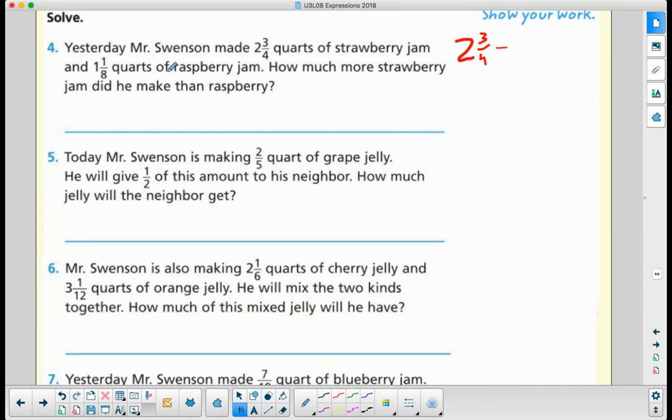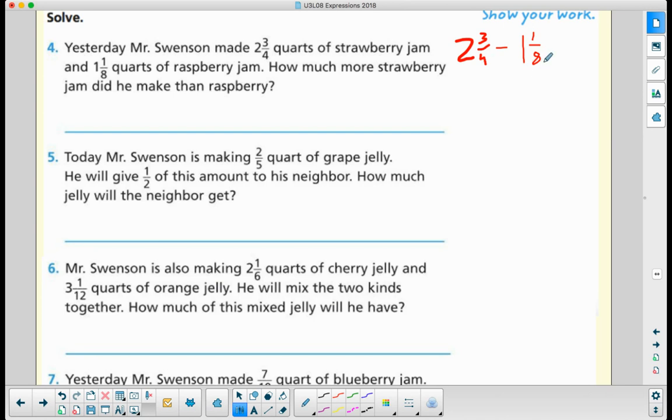And I'm going to subtract the lesser amount, 1 1/8. Now, as I see this, I do not have common denominators, so I'm going to get common denominators.